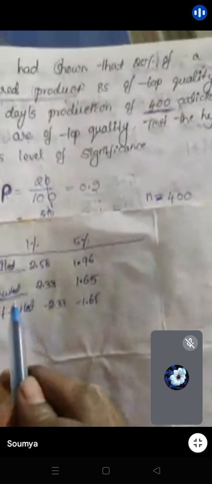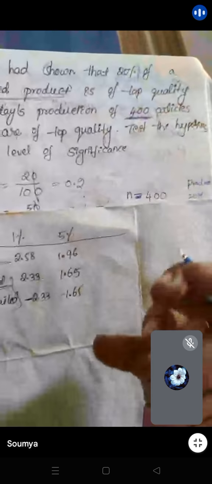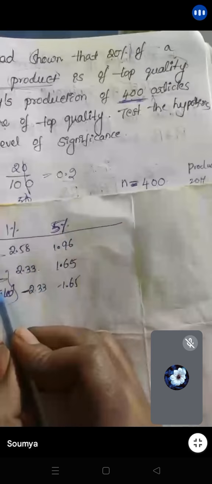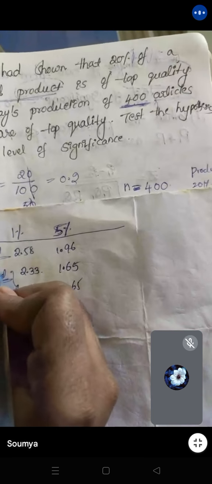So what is the tabulated Z value? I have posted it in the group also. This is one tail, right? That may be right tail or left tail. For minus also we will consider plus only, because it is for areas. For 5%, these are one tailed.